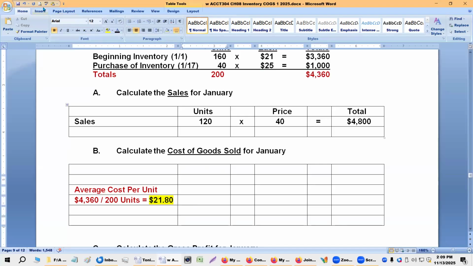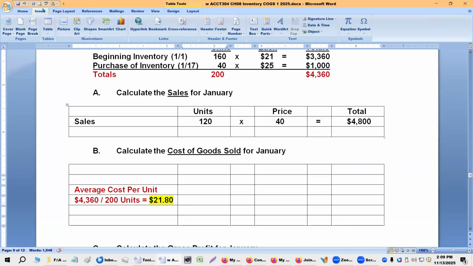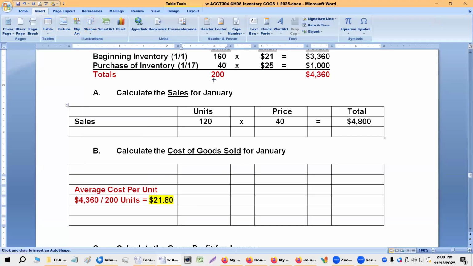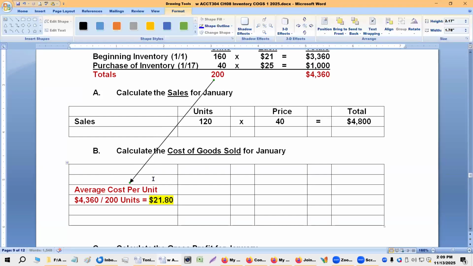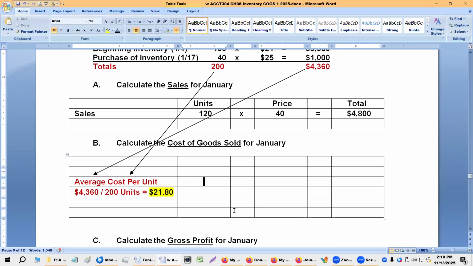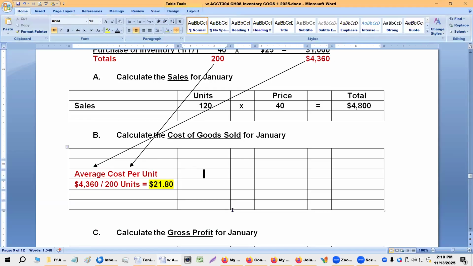And that again is taking the weighted average. Okay. So we got our average cost per unit.